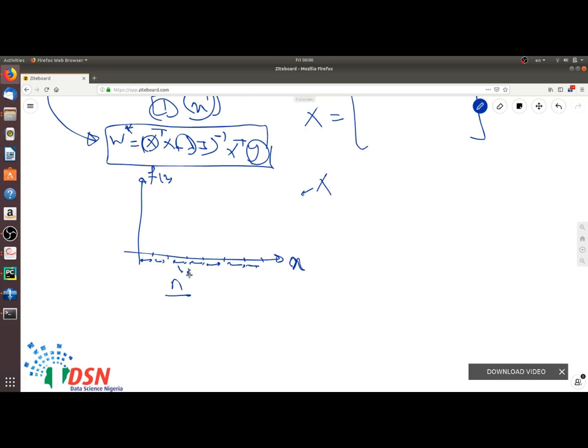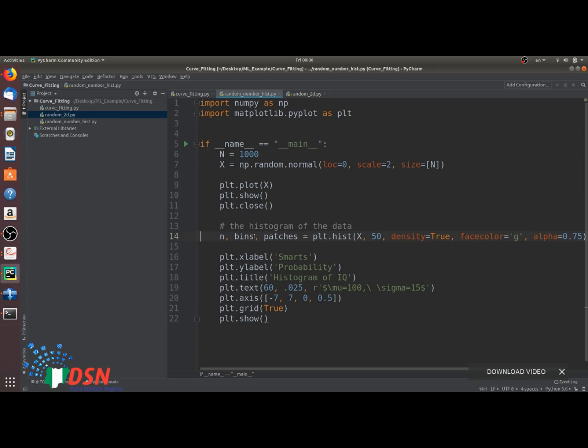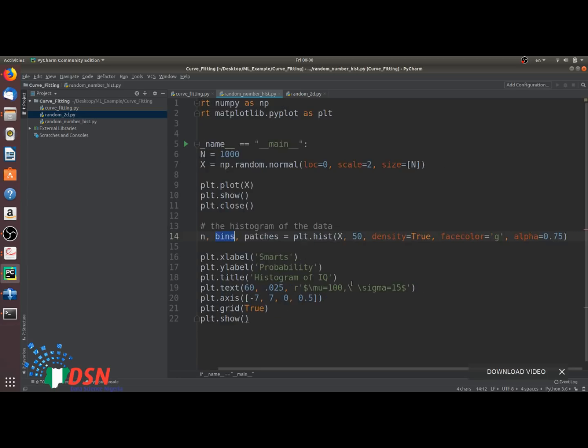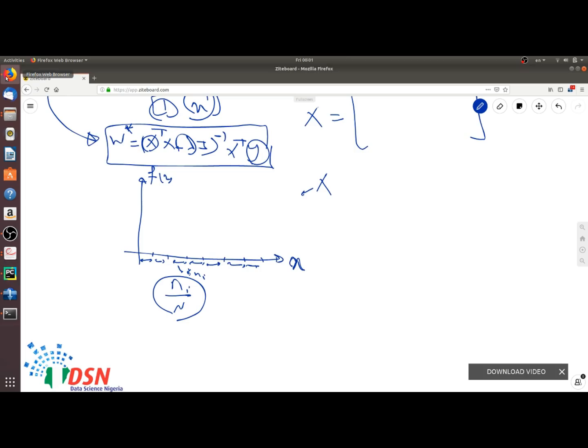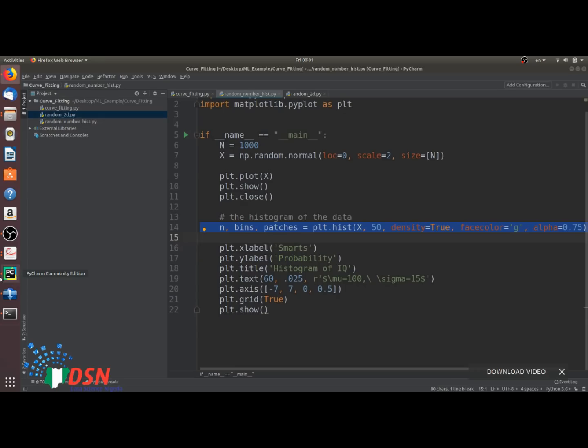Let me show it with n_i divided by the total number of our events. Okay, and we call them bins. So in here we just calculate the histogram of the data. Actually we call this procedure calculating the histogram, which is an approximation of the density function.